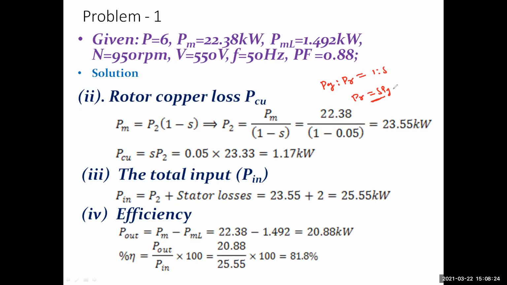Air gap power to rotor copper loss is 1 is to S, so rotor copper loss is equal to S times air gap power, called P2. The notation is different, so you can understand easily.